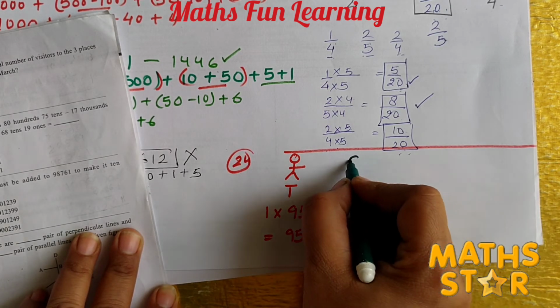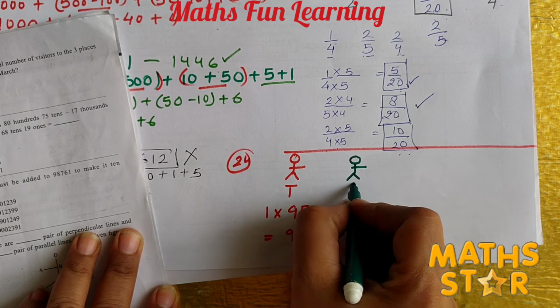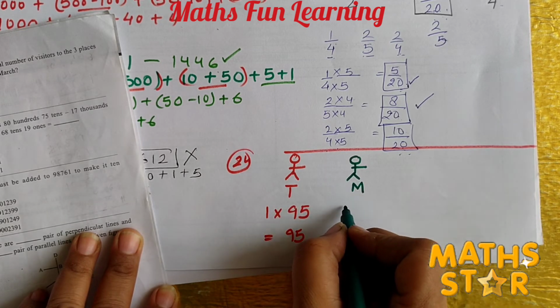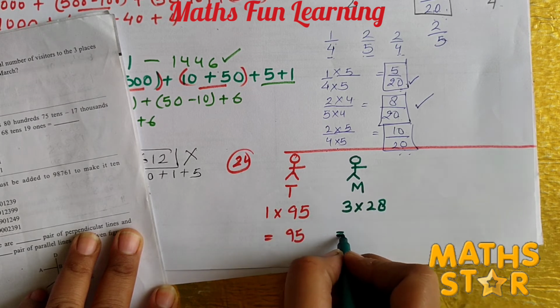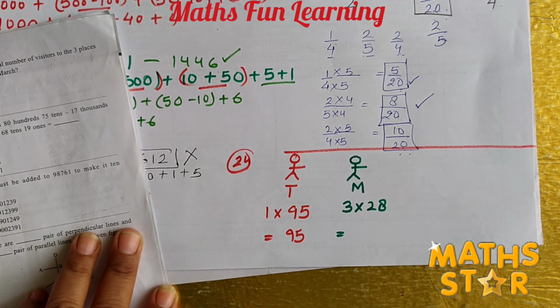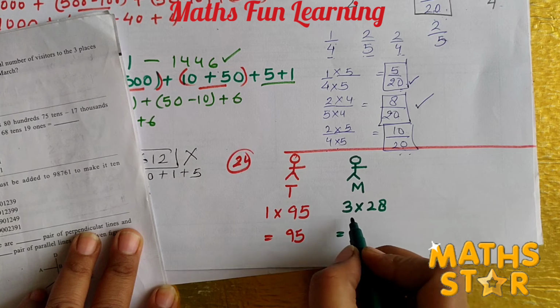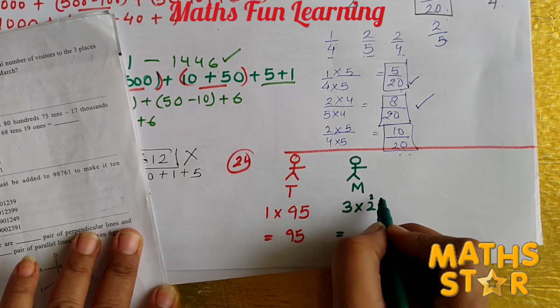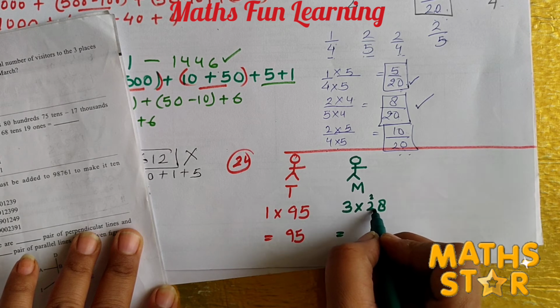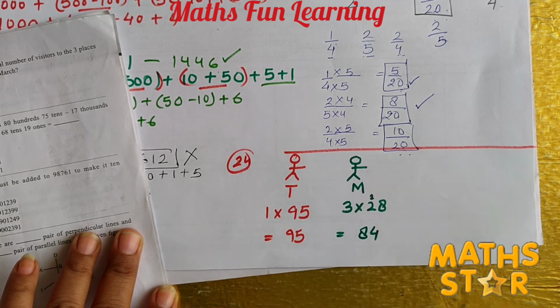The girl Minnie has the multiple of 3 times 28. Multiply and find your answer. 8 times 3 is 24. 2, 3 times 2 is 6, plus 2 is 8.